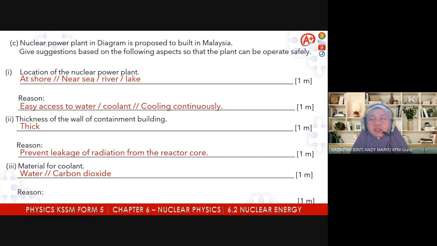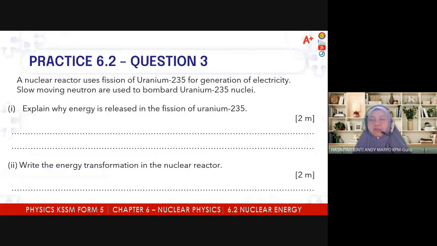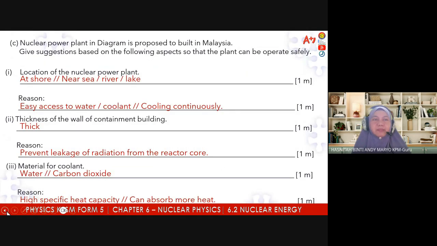Why do we choose these two? What characteristic do they have to be suitable as the coolant? They can absorb more heat, or you can say they have a high specific heat capacity, so they can absorb more heat.